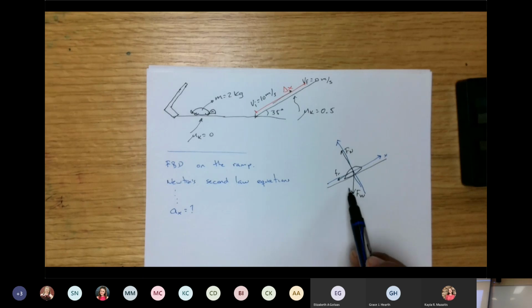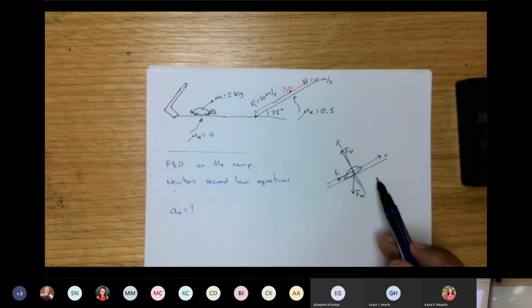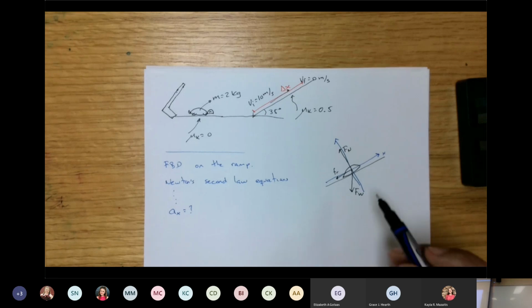I think this is where most people got it wrong. They put it in the fourth quadrant because in some of the examples, when you're going down the ramp, it ended up being in the fourth quadrant. So just be careful with that.